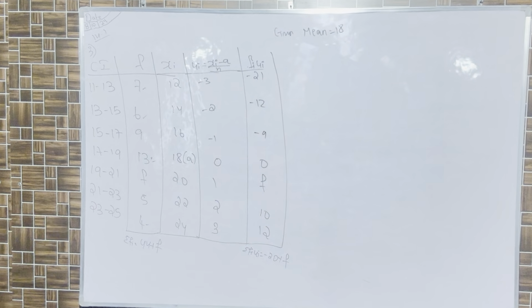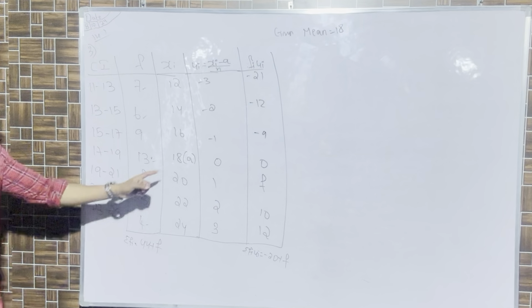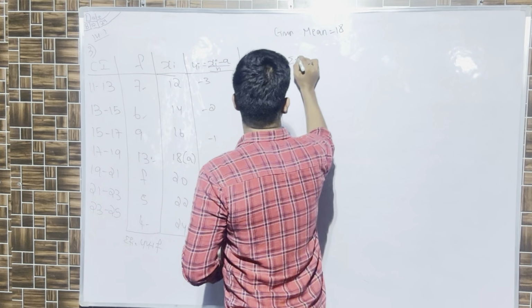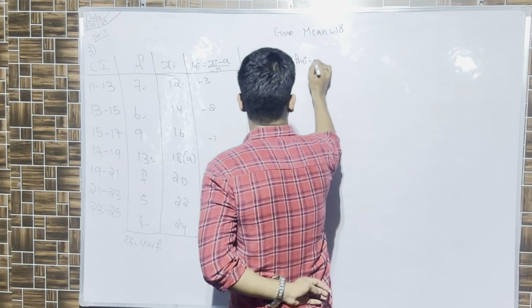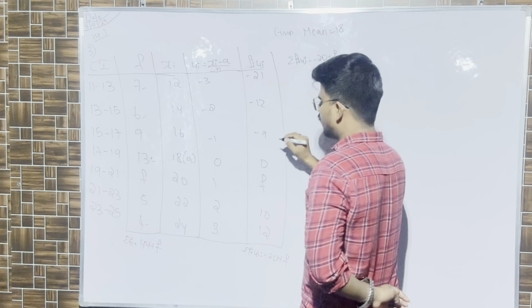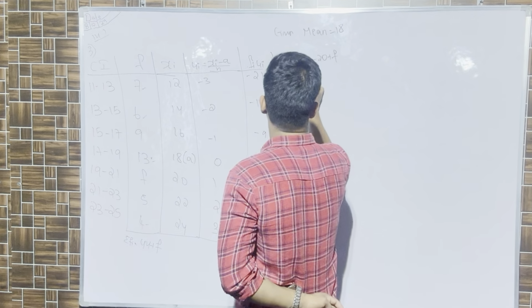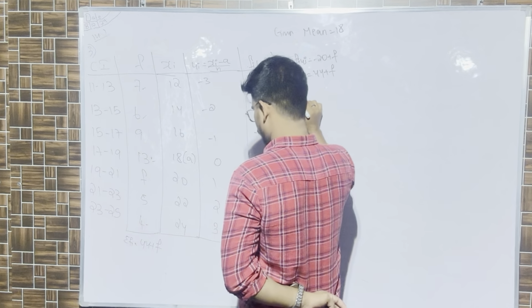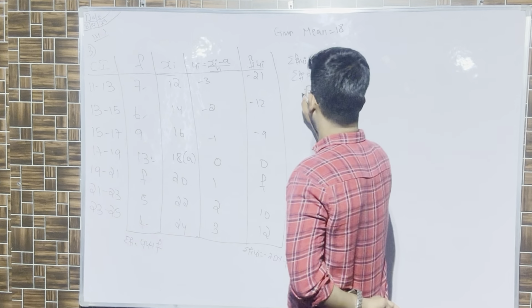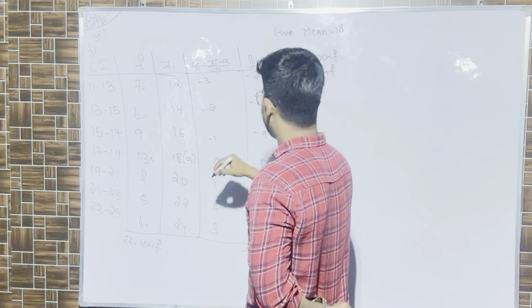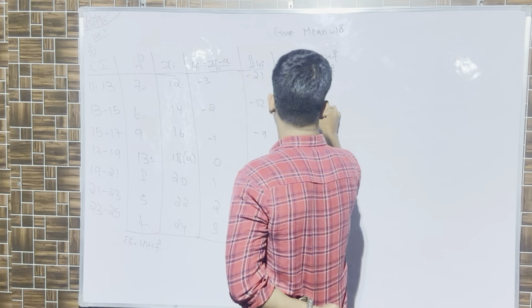We have the value of sigma fi, sigma fi ui, A, and h. Let us write all of the values here. Sigma fi ui is minus 20 plus f, sigma fi is 44 plus f, A is equal to 18, and h is equal to 2.